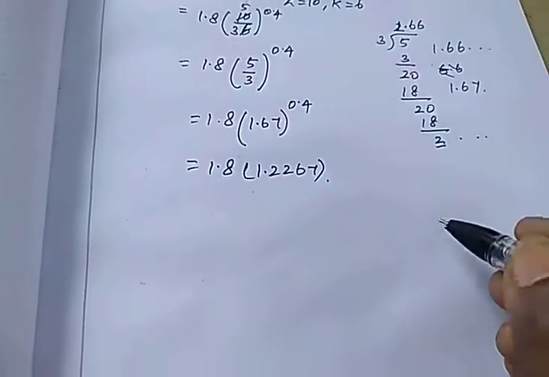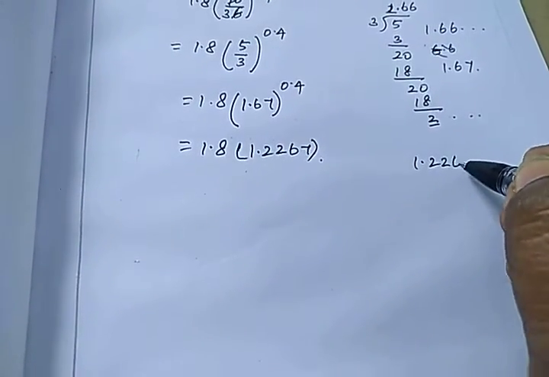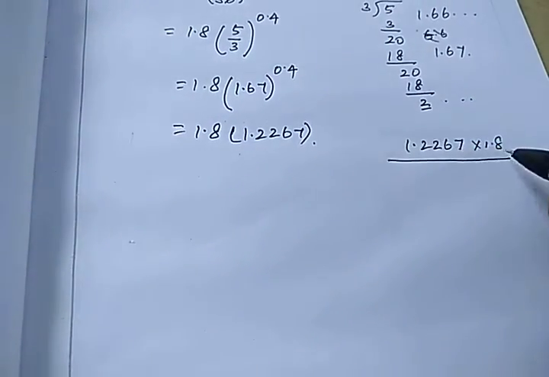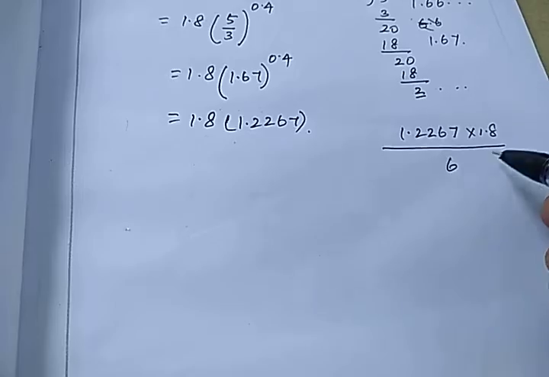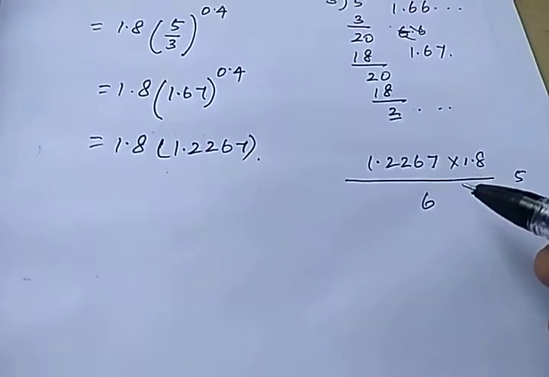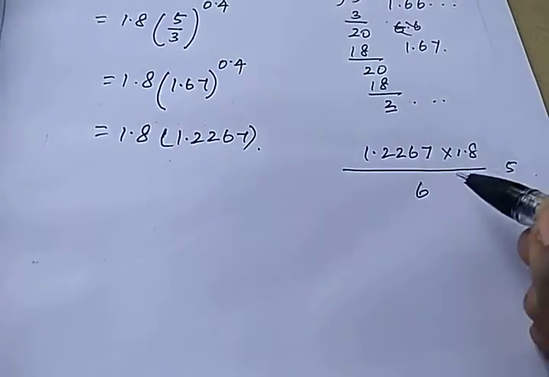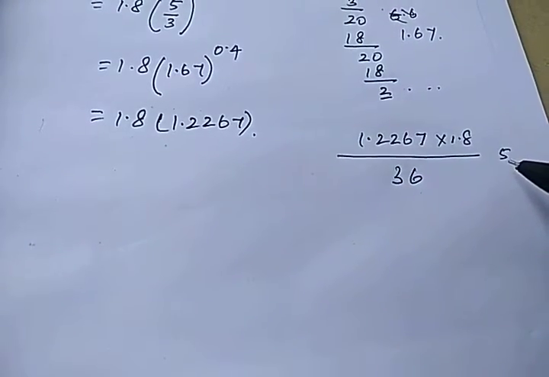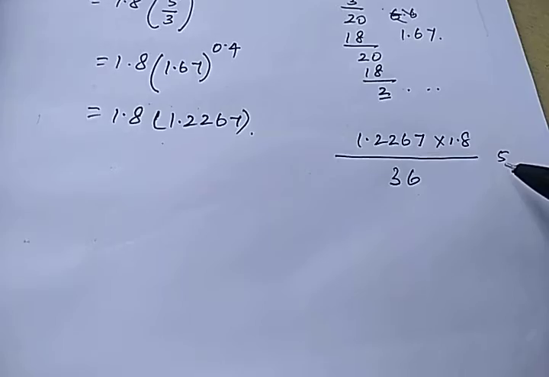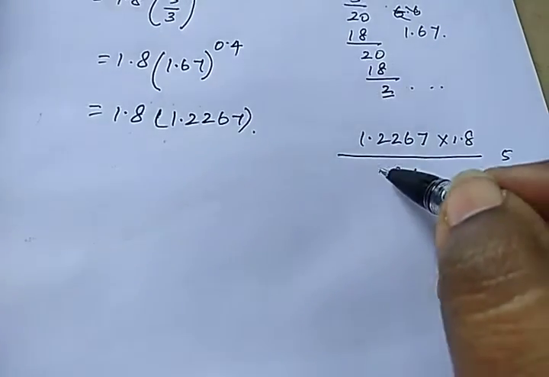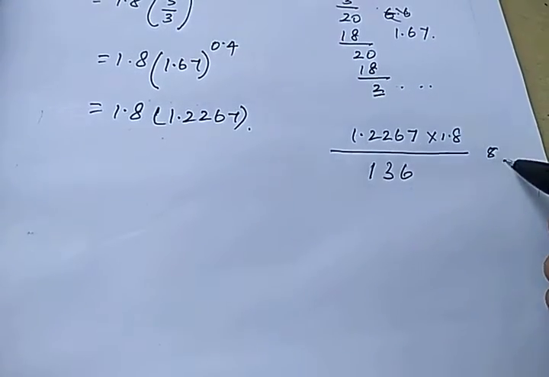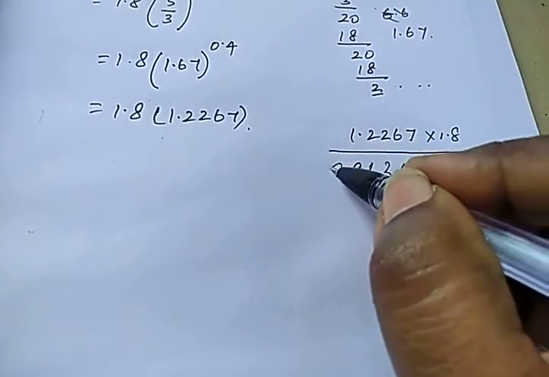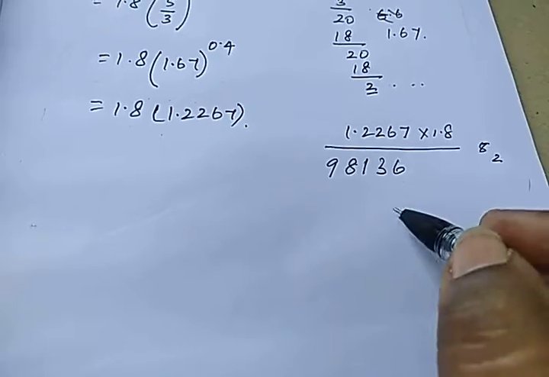Shall we multiply, children? 1.2267 into 1.8. 8 sevens are 56, remainder 5. 8 6s are 48, 49, 50, 53, balance 5. 8 2s are 16, 16 plus 5, 21, remainder 2. 8 2s are 16, 17, 18, remainder 1. 8 1 is 8, 8 plus 1, 9. 9 8 1 3 6.